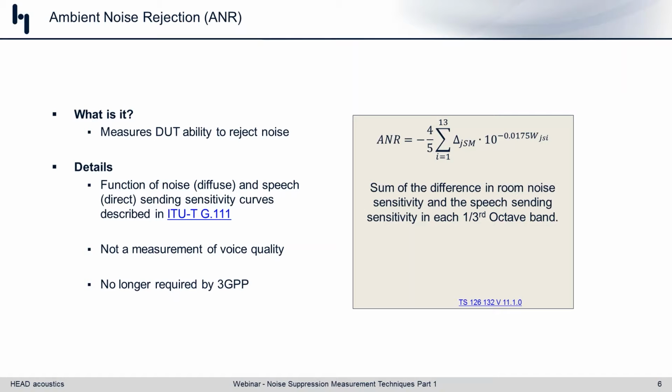We look at how sensitive the phone is to diffuse noise and the direct noise, which is the speech component. Once we have those sensitivities, we look at each third octave band and apply the weighting curves to give us an idea of how well the phone would perform in a noisy environment.